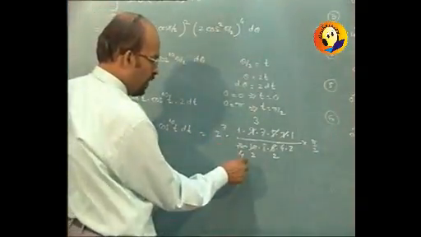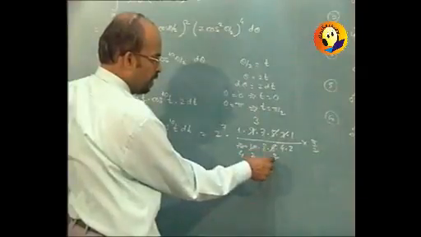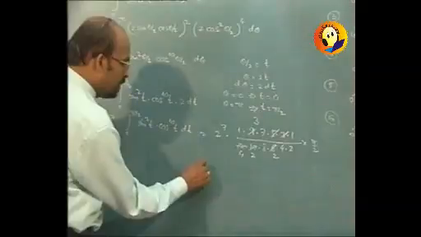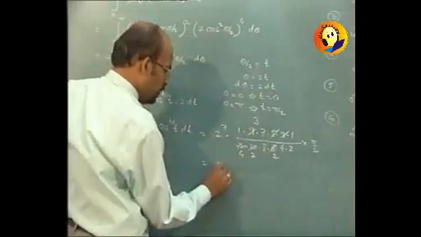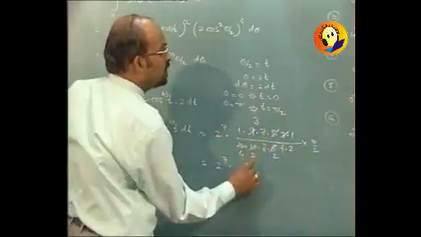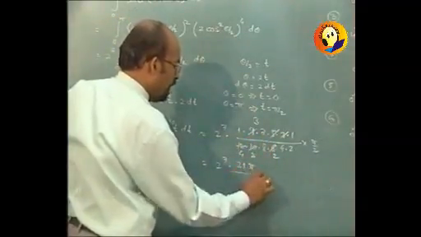This is 2 square, 2 cube, 2 raised to 3 again, one more 2, 2 raised to 2. So we'll try to write it in the simplified manner. This is 2 raised to 7 is already there. This is 7 into 3, which is 21 pi divided by 2 square.